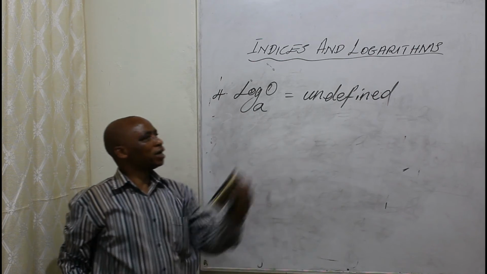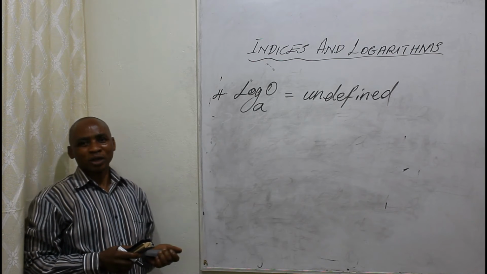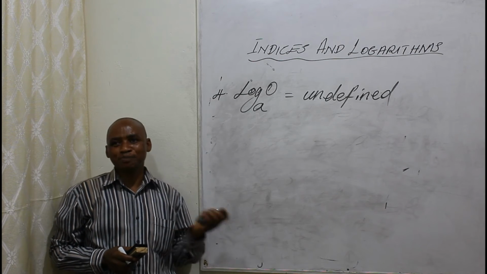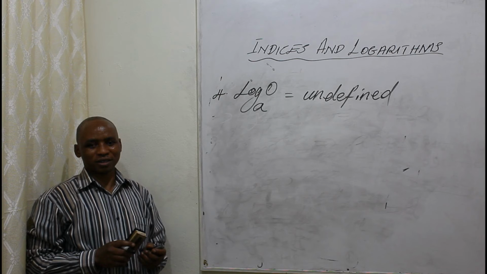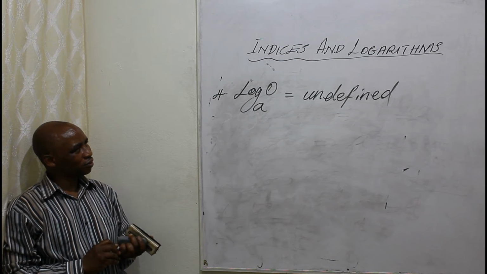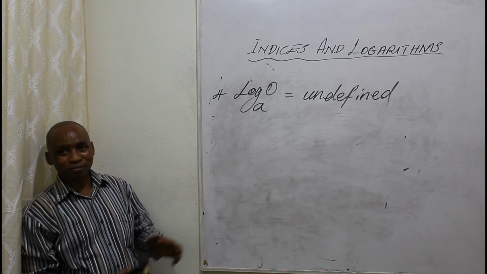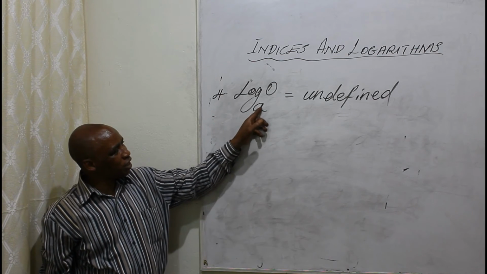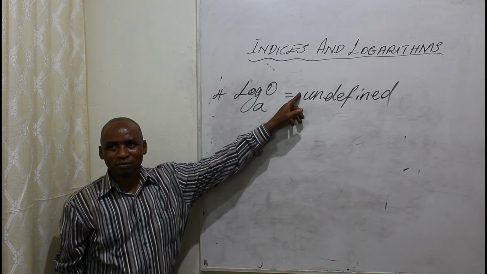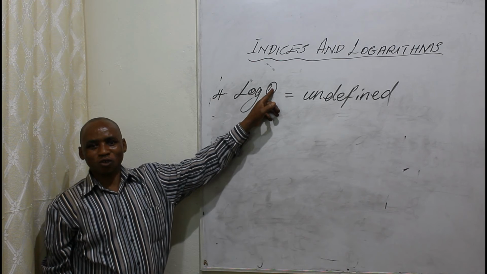That means mathematically the log of 0 to any base does not exist. One may ask why. Now from the definition of logarithms, we said the power to which the base must be raised to get that number.